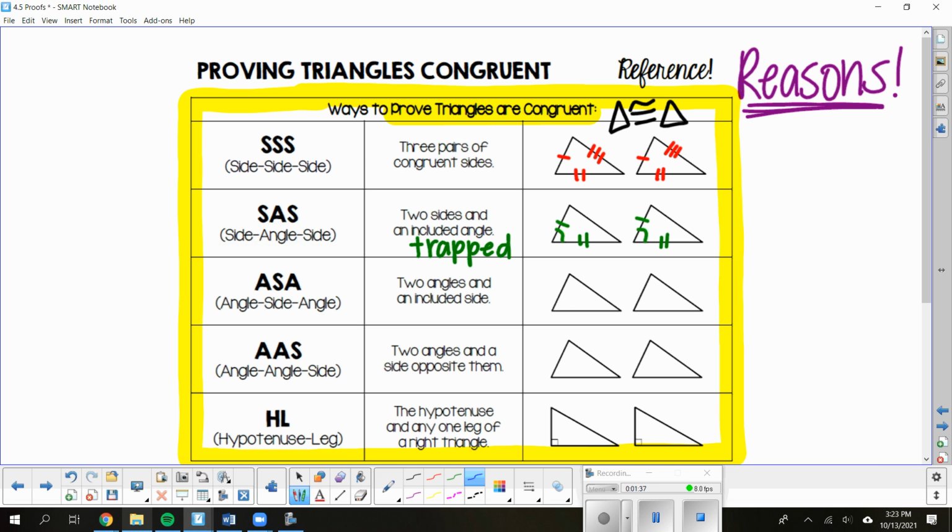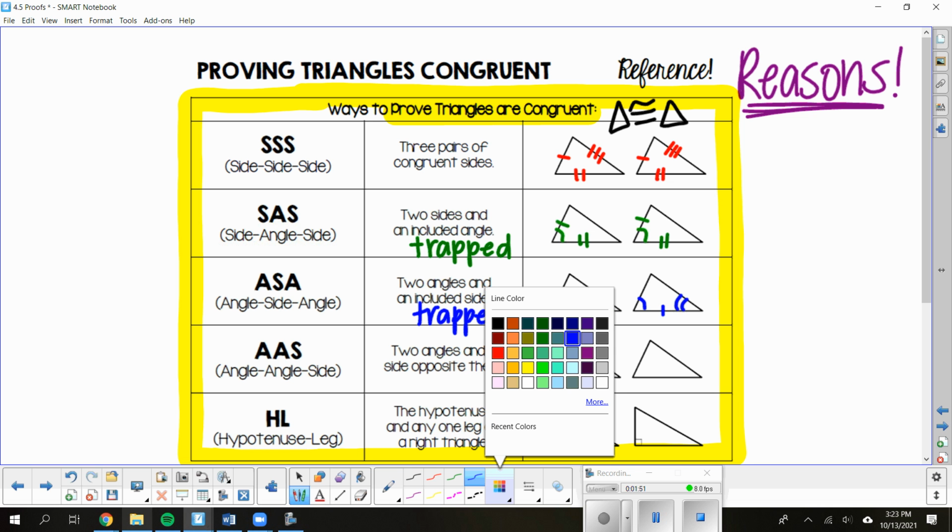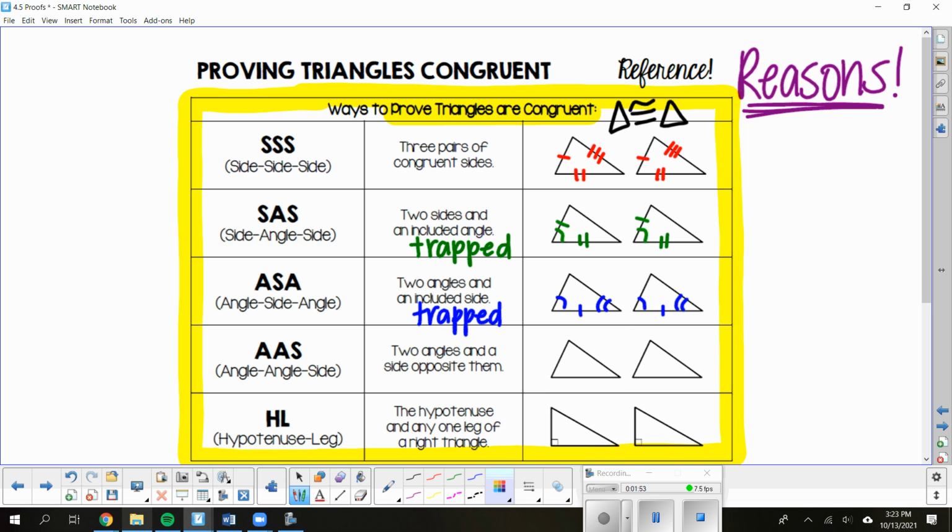We also have angle, side, angle. So if you have two congruent angles and the included side congruent, remember included side means tucked in between. We have angle, angle, side. So if you have two angles and a non-included side, remember that side's tacked on like a tail on the end.